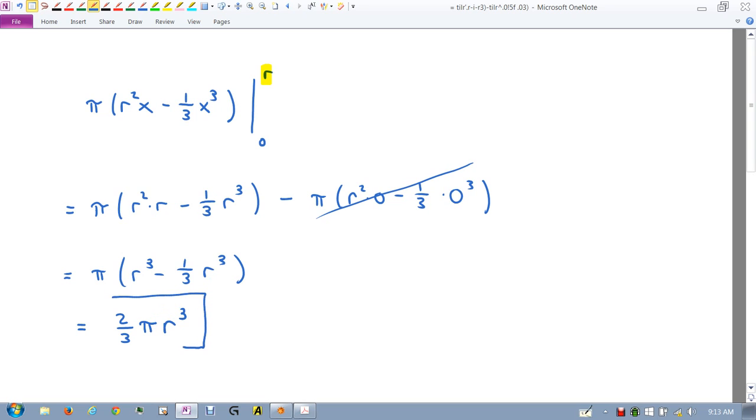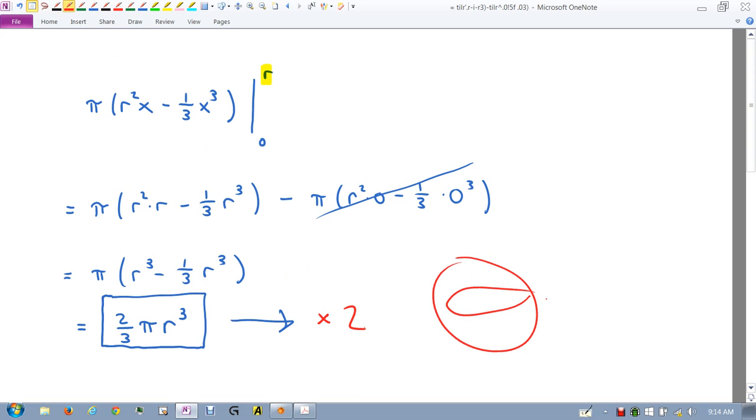That is the volume of that piece, rotated. Now, what did we say the volume of a sphere was? 4/3 pi r cubed, but that was half. Remember, we only did half of it. So if you take that and multiply it times 2, then what you get is the whole sphere, which would be 4/3 pi r cubed.